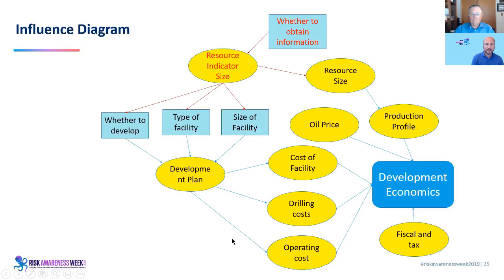All right. So the influence diagram also gets changed because before we didn't have this resource indicator, and we didn't have this decision whether to obtain information. So now the results of this resource indicator impact the decisions on whether to develop the facility type and the size.